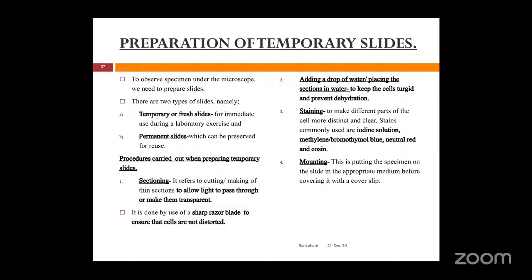Remember we've said the slide is a rectangular glass where we place the specimen. So place that section on the slide and add a dye. An example of a dye is iodine. Why do you add a drop of a dye on that specimen? To make it distinct and so that you can observe the internal parts.